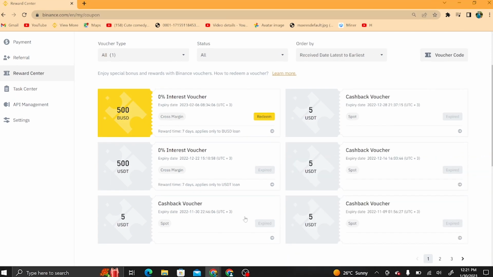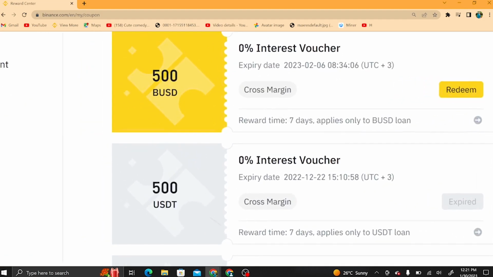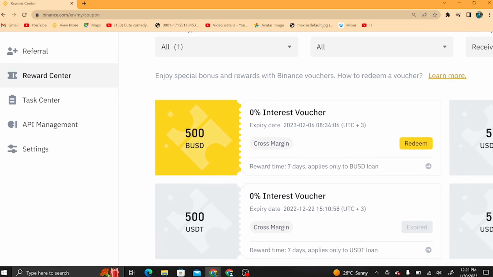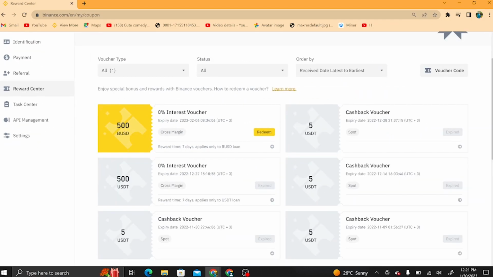Now, if you have Binance, go to the reward center, or go to the notification area if you received a notification. When you go to the reward center, you see something like this: zero interest, 500 BUSD, with an expiry date. So I have 7 days to redeem this one. What does this mean?